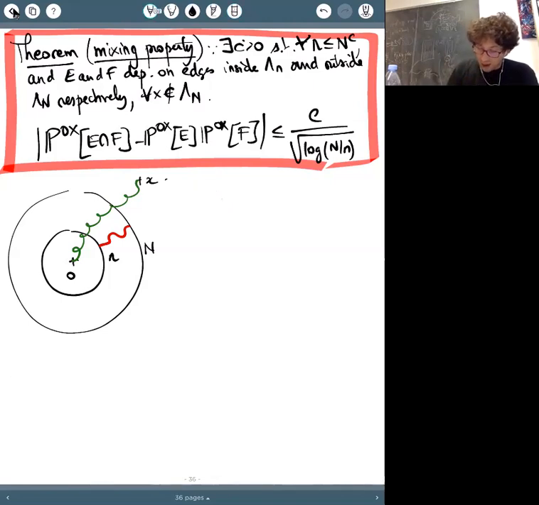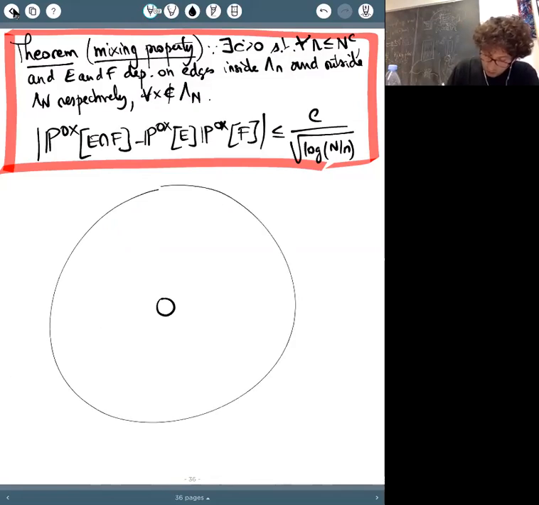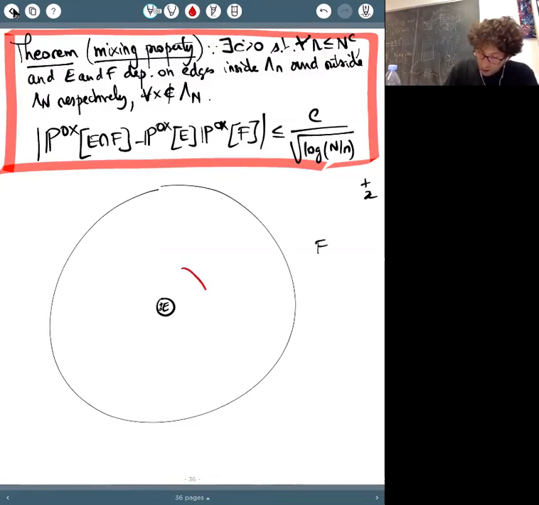So the idea is going to be the following. I'm going to make an even bigger drawing. We have the small box, we have the large one. So E is in that, F is outside, x is there, 0 is here. We are going to take an intermediary annulus.